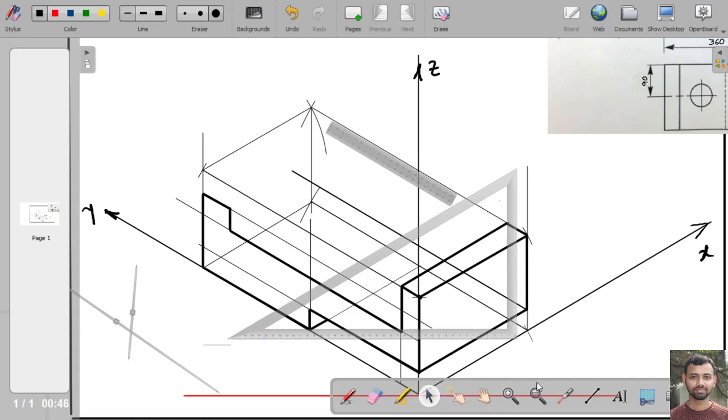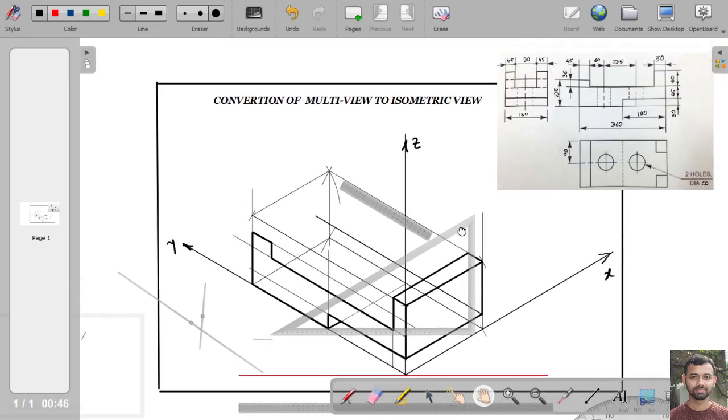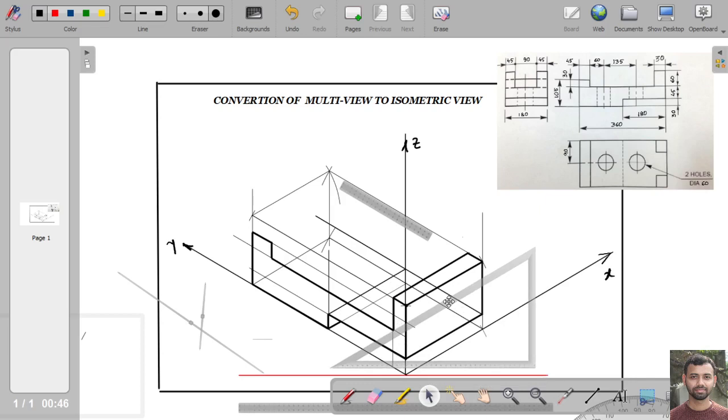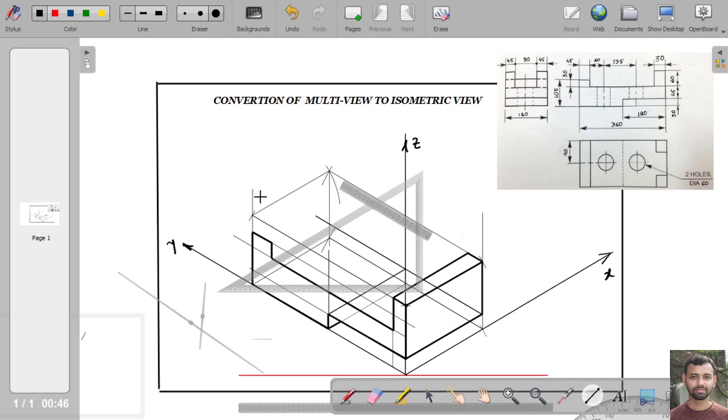Okay, so now according to the drawing, now we will draw this one. Now we will draw this one from this point. Okay, this one. Then we will draw this one. This one is completed, and the next part is, okay, from this portion, no need of this portion, from this portion. Okay, next portion is this one.